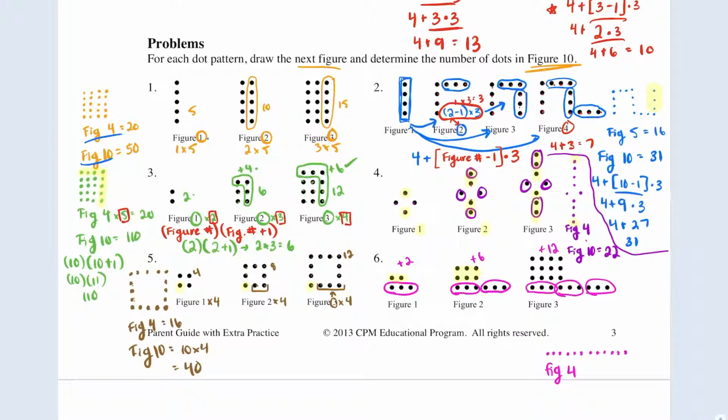So let's see, the difference between 2 and 6, there's a difference of 4. Difference between 6 and 12, there's a difference of 6. So I'm assuming that my next difference is going to be a difference of 8. So that means that I'm adding a block of 20 on top of this.